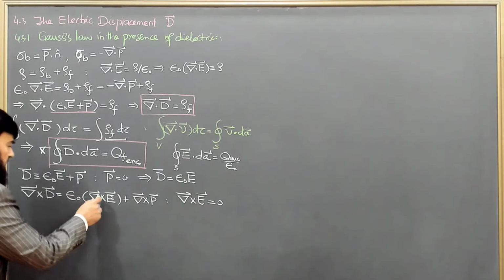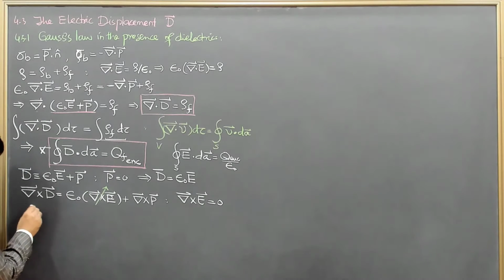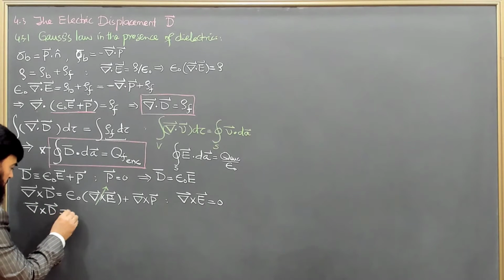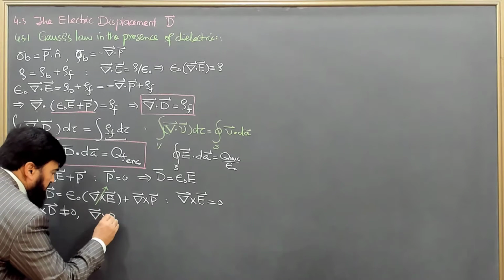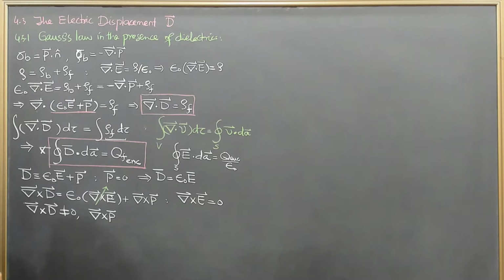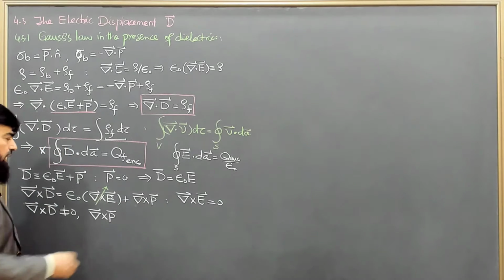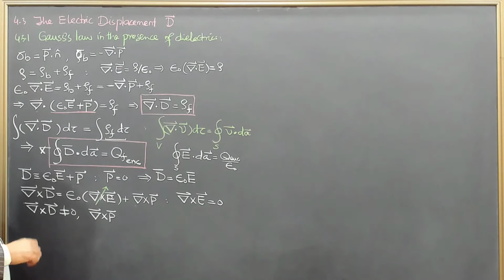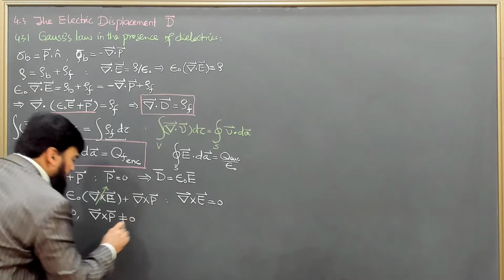But even if this goes to 0, del cross D is not necessarily 0, because del cross P will stay there. So del cross D has the contribution from the polarization, and it is not supposed to be 0 always. So del cross D is non-zero.